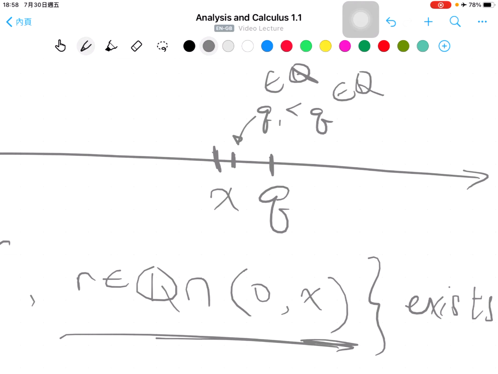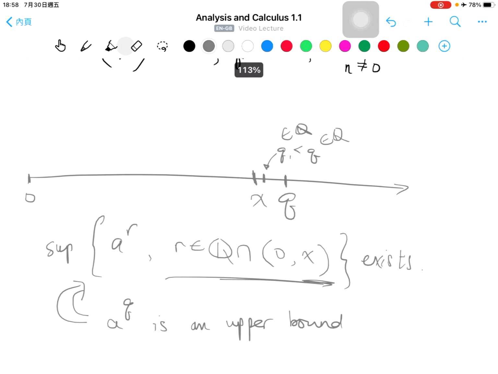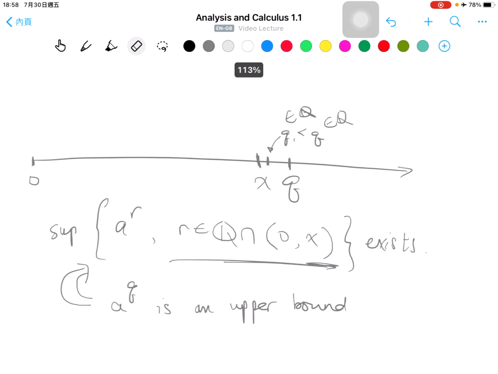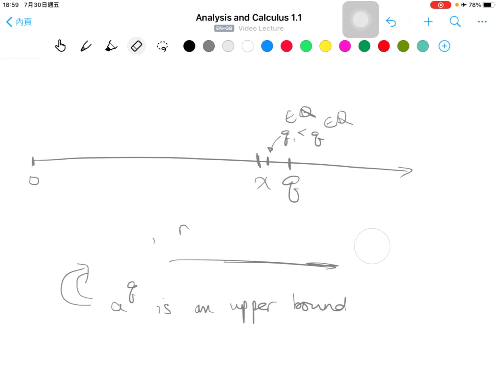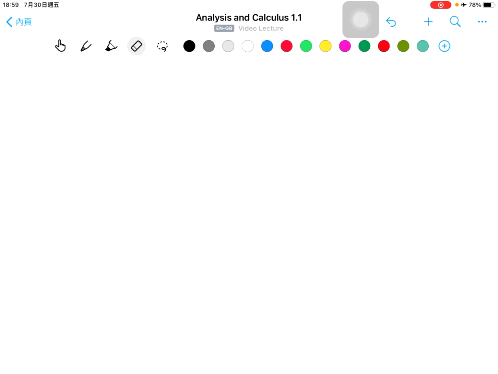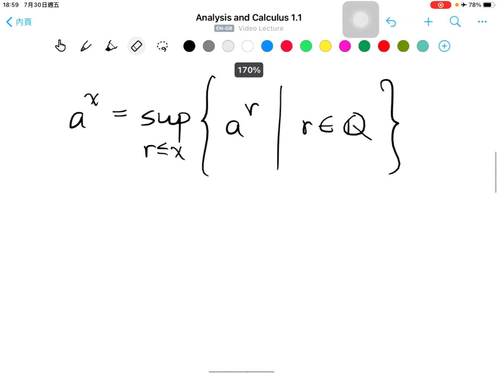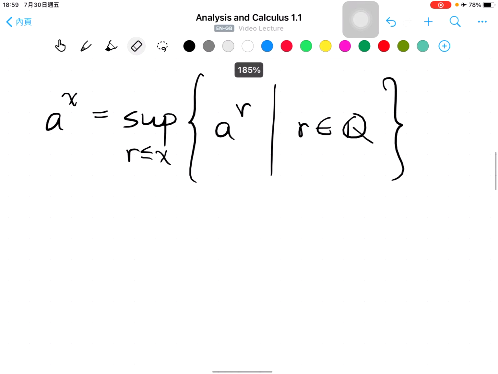We can find another rational number even closer to x than q. Then we can define a to the x, this irrational power, as the supremum of the set as we get closer and closer to x. So that's how we define irrational powers.